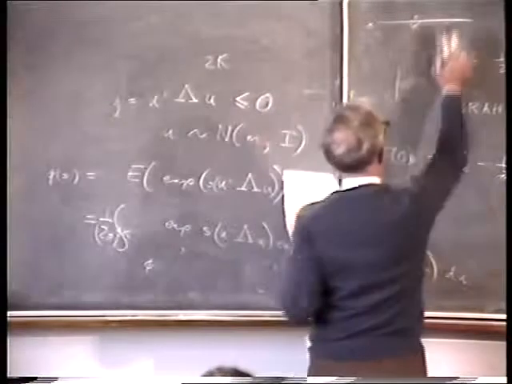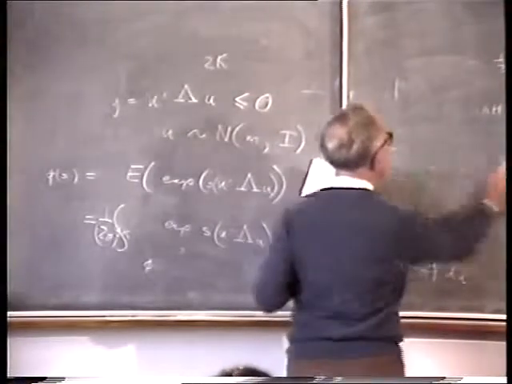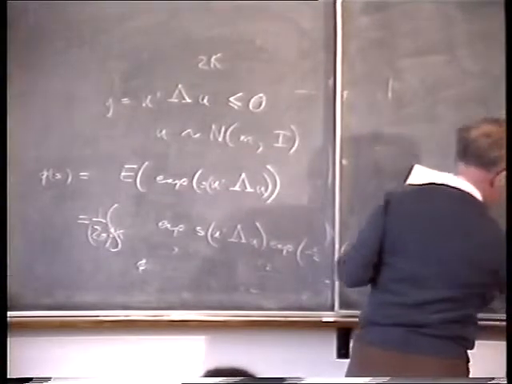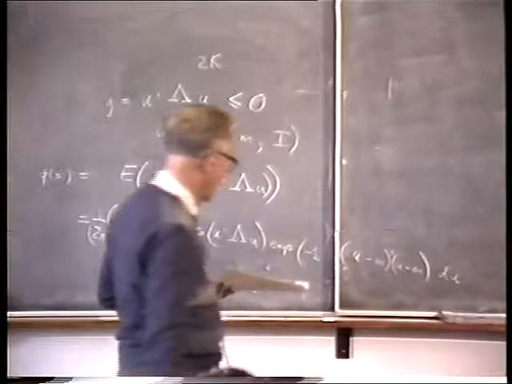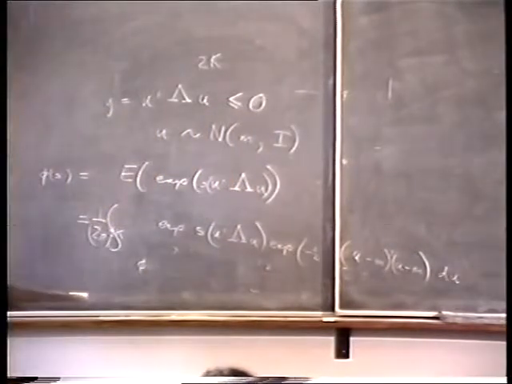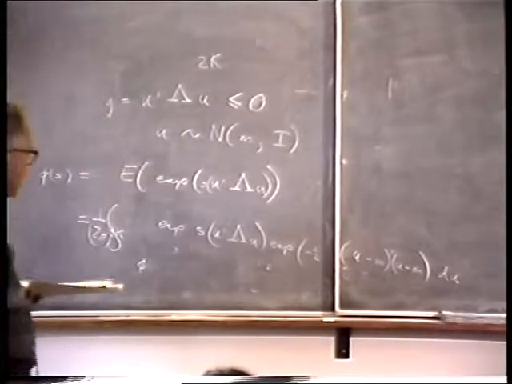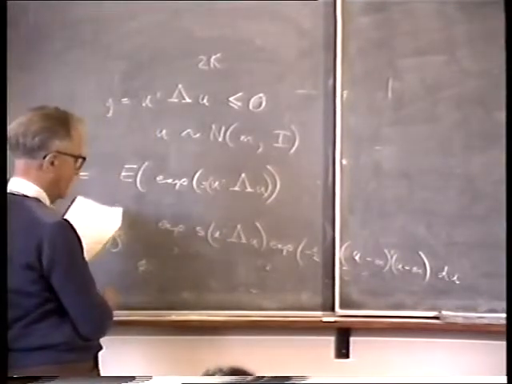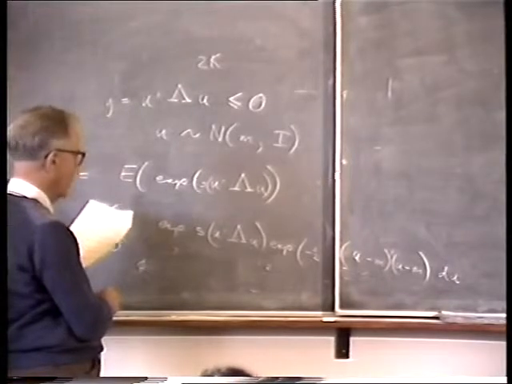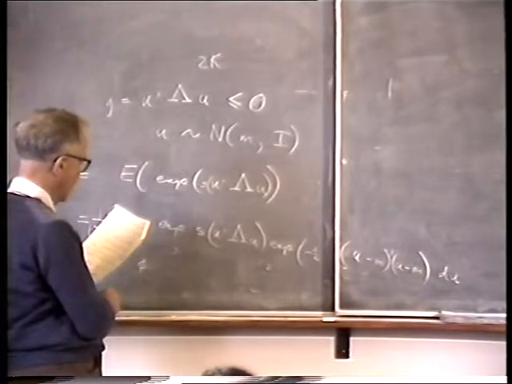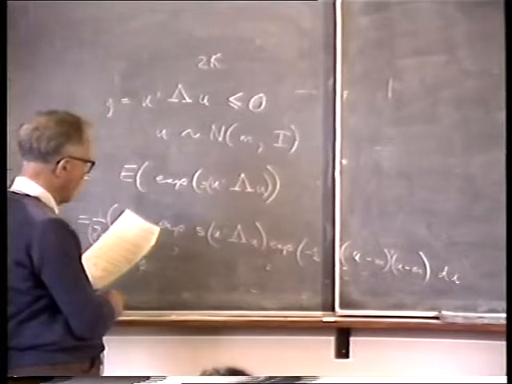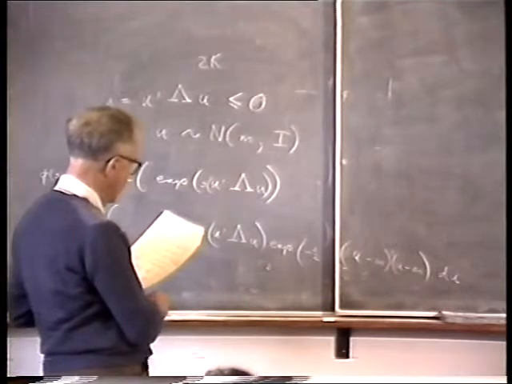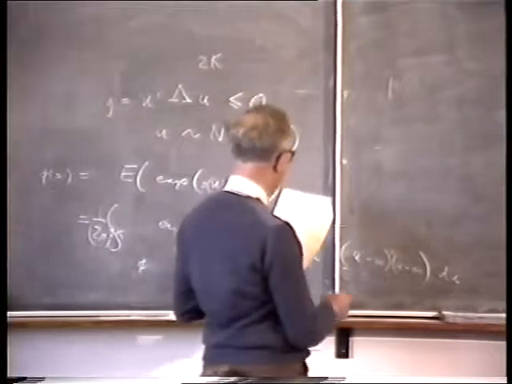Well, what we notice is that we have terms of the same kind in the density as we have in the exponential that we're taking the expectation of. And so we have to combine together the two exponentials, and perhaps it's simplest to look at what we've got in the combined exponential.